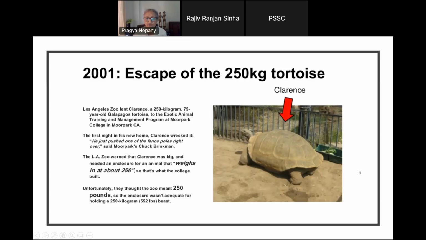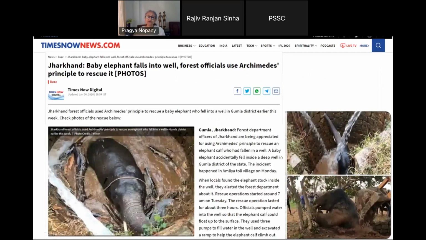Then another good real life story is from the Indian newspapers, and that is how in Jharkhand a baby elephant fell into a well, and then the forest officials used Archimedes' principle to rescue it. Now, all of us are teaching Archimedes' principle, I think in class 9.